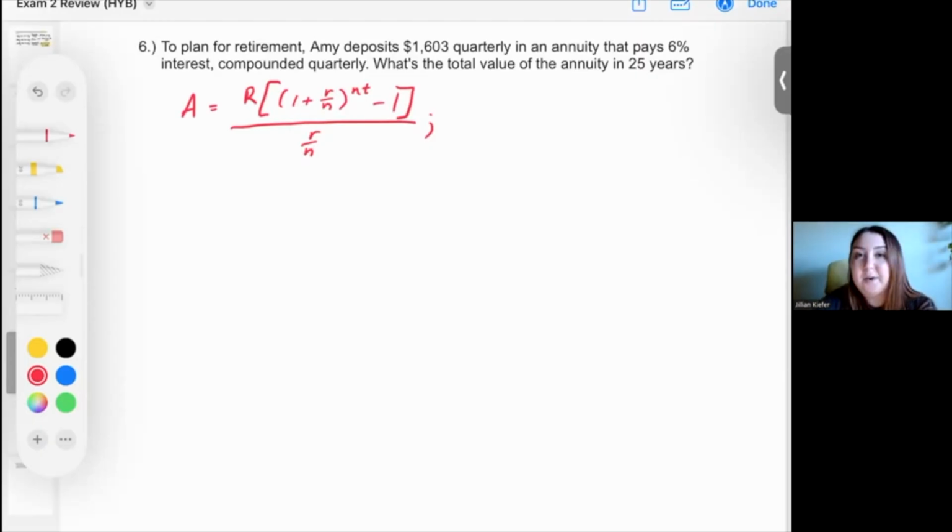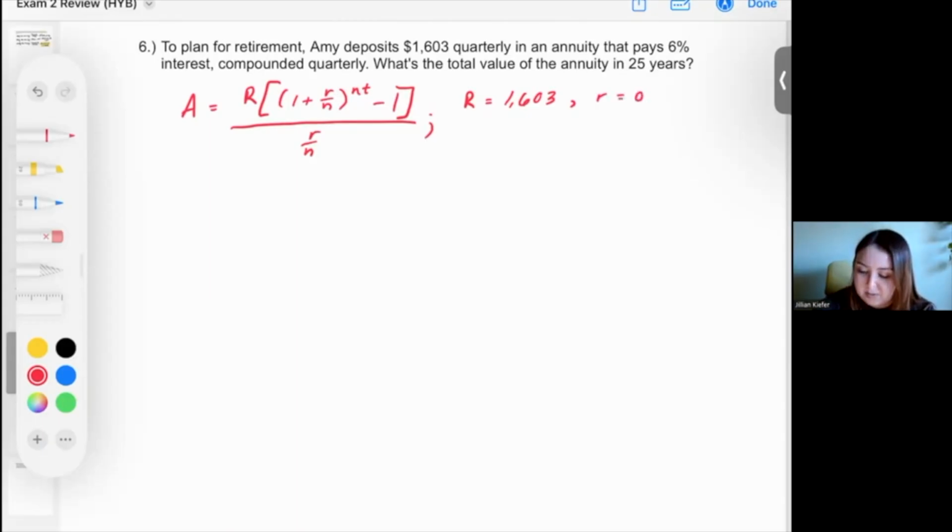So we can go ahead as always and detail out what things we have and what we don't for our formula. Starting with that capital R, the monthly or periodic payments. In our case, like we said, it's quarterly payments. So R is going to be $1,603 that gets paid quarterly. Then we can find little r, our interest rate, which we said was 6%.